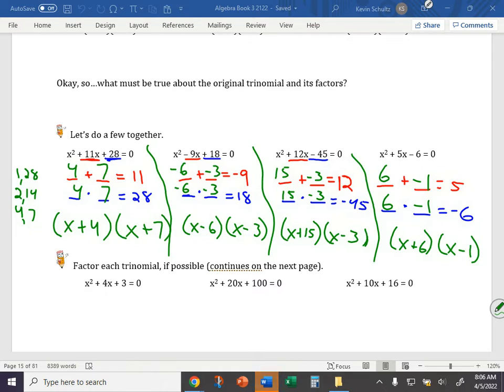Folks, if you're having trouble coming up with these combinations, I recommend you start with the factors because there are only a certain number of options that multiply to give you that constant term. You're only looking at 1 and 6 and 2 and 3, right? There are lots of ways to get positive 5 by adding and subtracting.